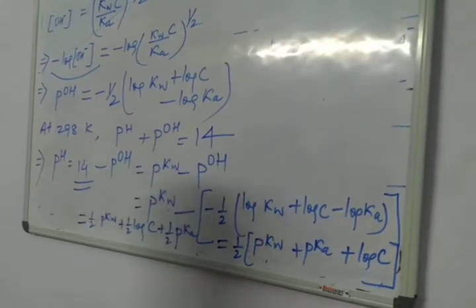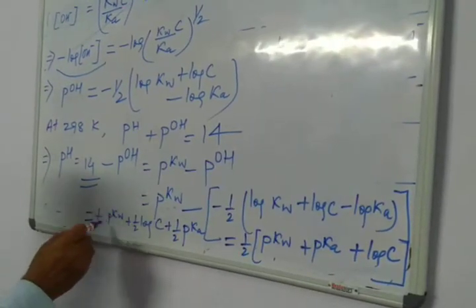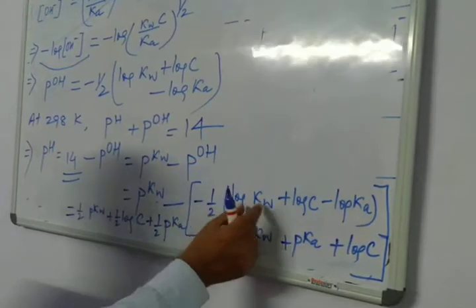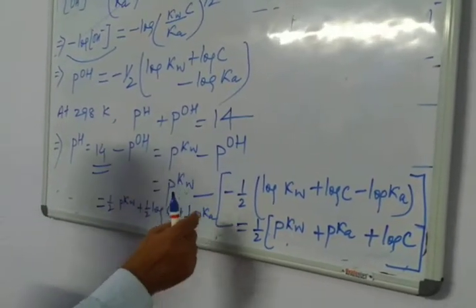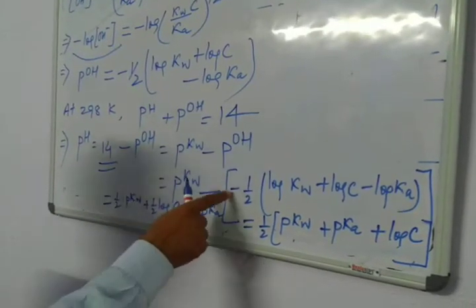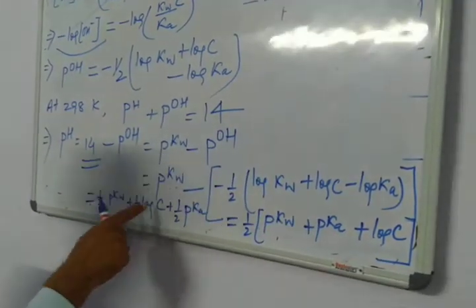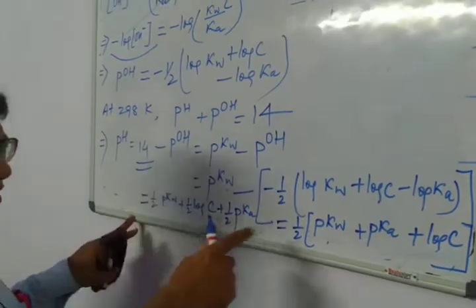Now this will be equal to half pKw, as we have explained, because minus log Kw is pKw, that is minus half pKw, and into this minus sign plus half pKw. Is it clear?